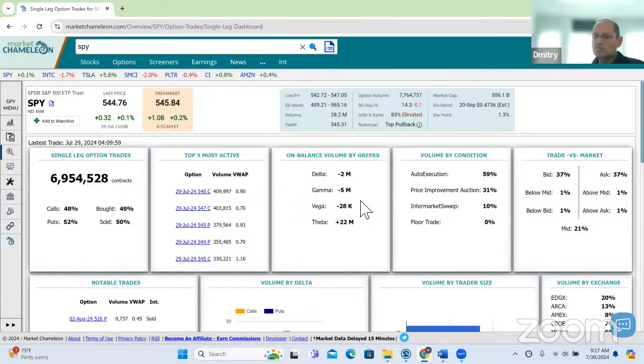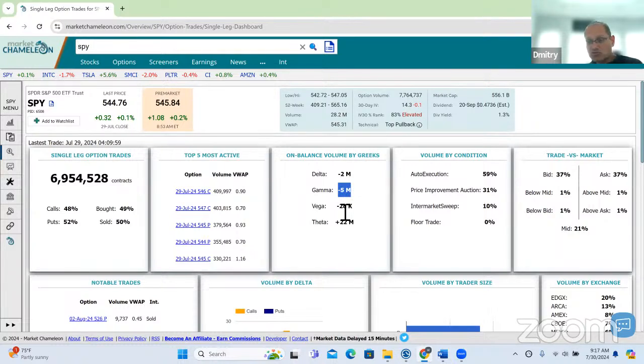So this is showing the gamma, and what short gamma means is that if the stock is moving up, people who are short gamma will have to buy more stock to hedge their positions. If the stock is going down and you're short gamma, you'll have to sell stock to hedge your positions.